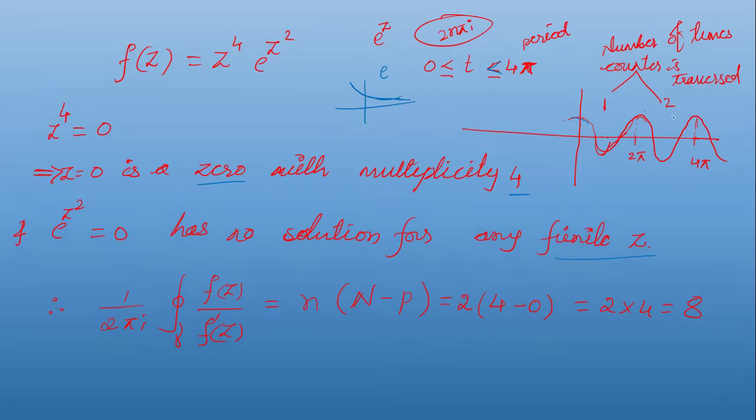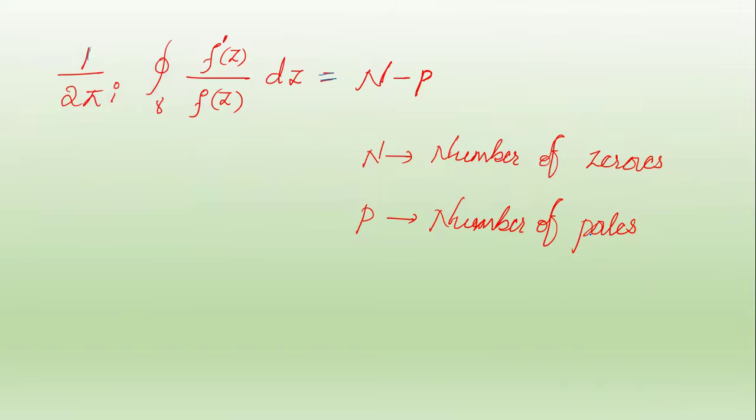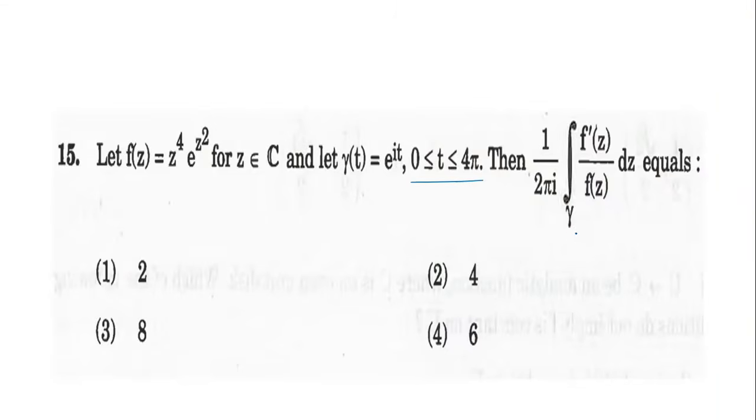Here 2 times, 2 into 4 minus 0. That means 2 into 4 is equal to 8. See, is 8 there in the options? Option 3 is the right answer.